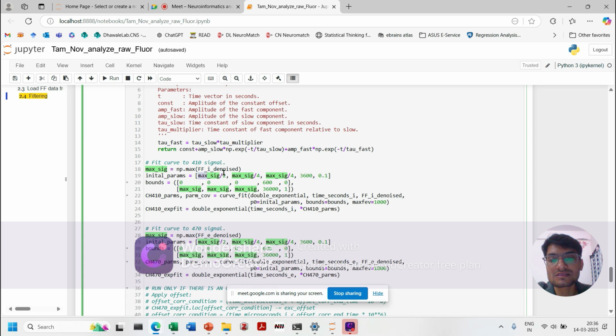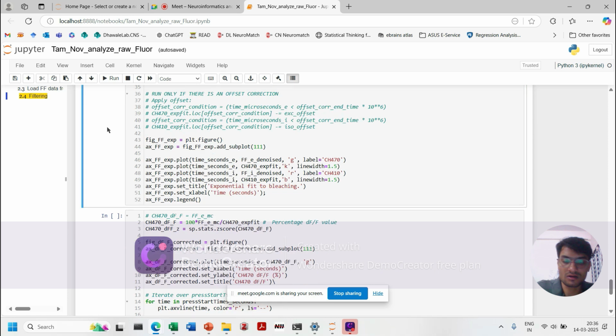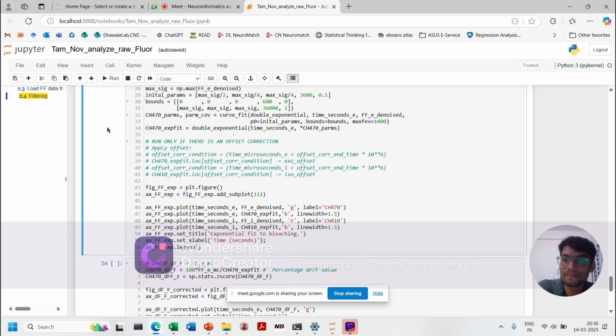What I have chosen is half of the maximum signal, then 1/4 and 1/4 of the maximum signal as my initial parameters. So this particular curve fit has these recommendations, and then you can get an exponential fit to your plots.